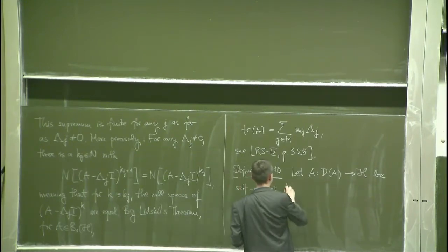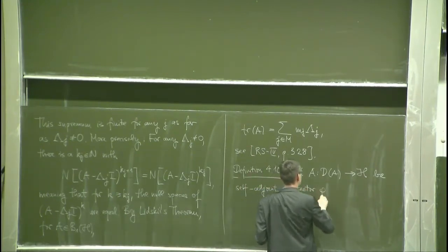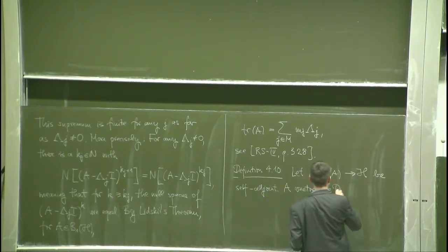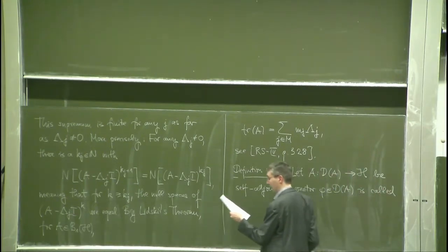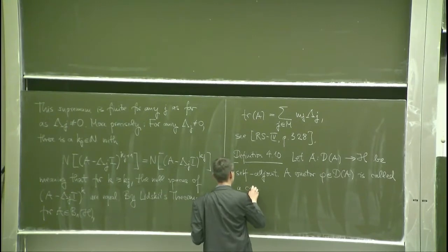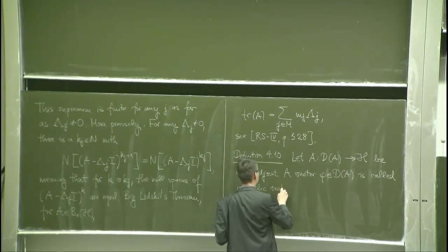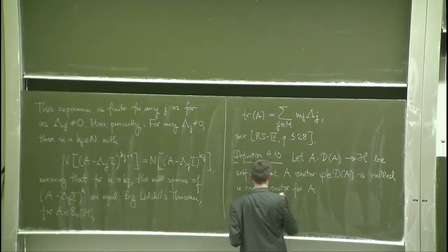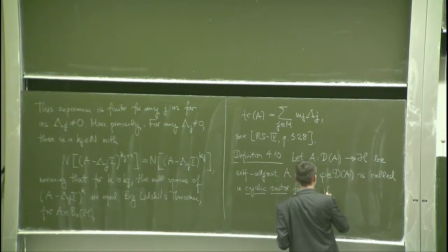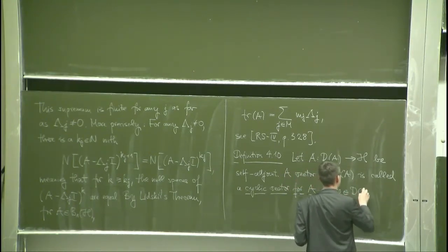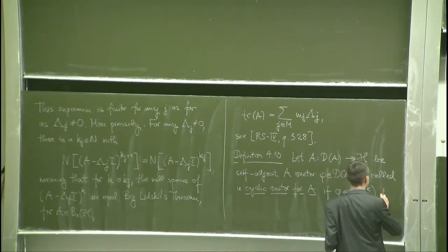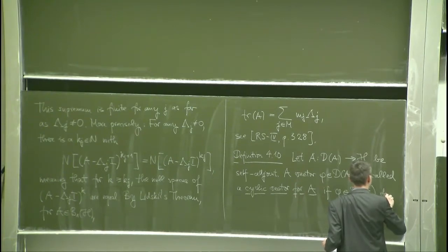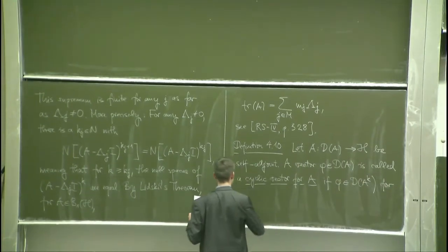A vector phi in the domain of A is called a cyclic vector for A if phi is also in the domain of A to the power of k for all k in N.